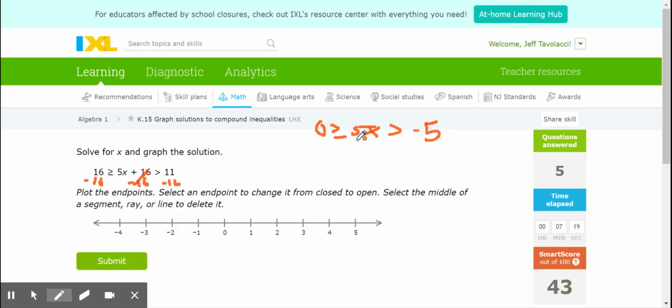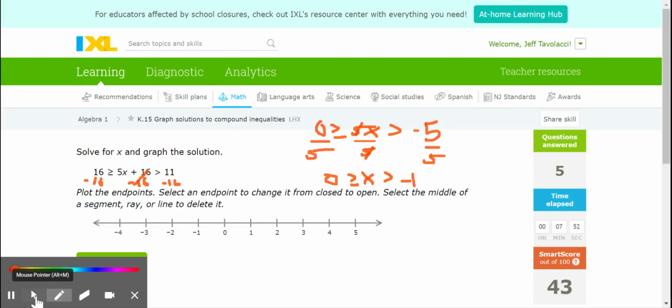Now, I'm going to have to divide by 5, and we do it in all 3 sections. So 0 divided by 5 is 0. The 5s cancel here, just leaving you with x. And negative 5 over 5 is going to be negative 1. So x can be any value between 0 and negative 1, not including negative 1, but including 0.